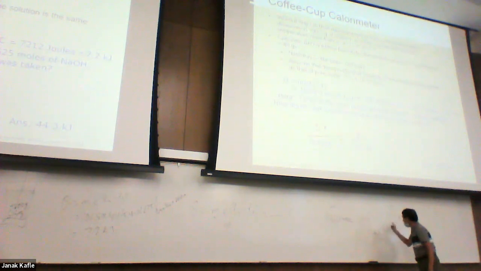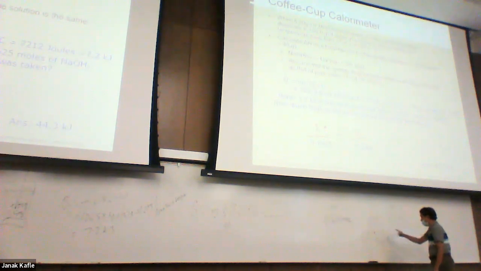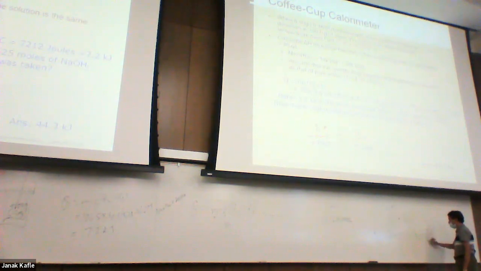X divided by 7.2 equals 1 divided by 0.1625. So X equals 7.2 divided by 0.1625. So this many kilojoules. Why kilojoules? Because 7.2 is in kilojoules, right? Simple.